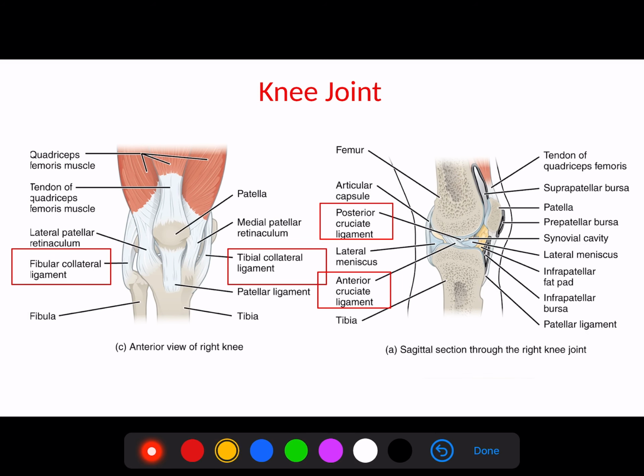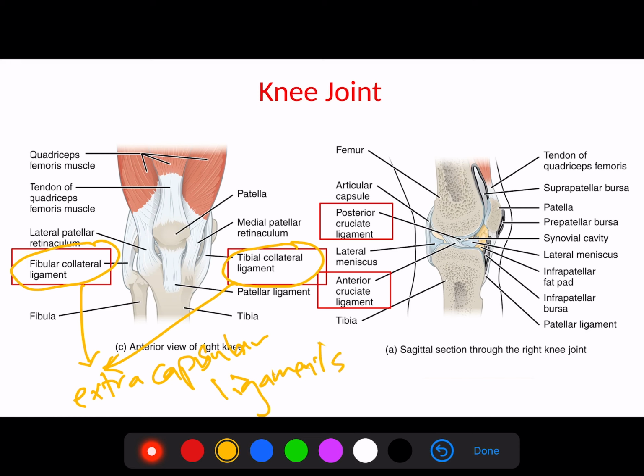The first 2 are extracapsular ligaments. What does this mean? If you remember, this means that they are outside the capsule. So the capsule is somewhere here inside, but these are extracapsular.